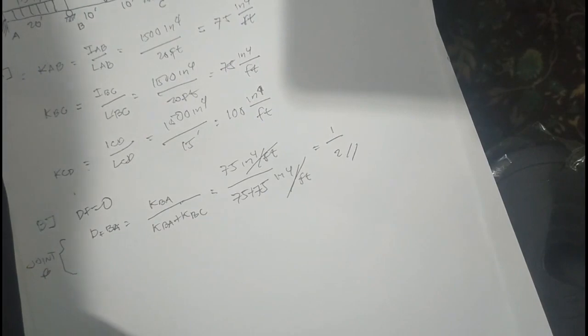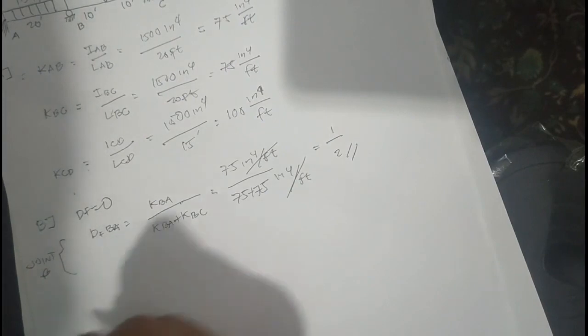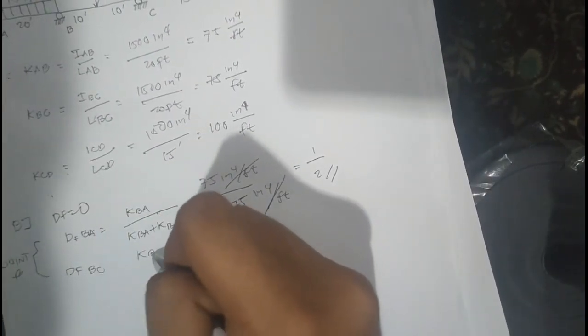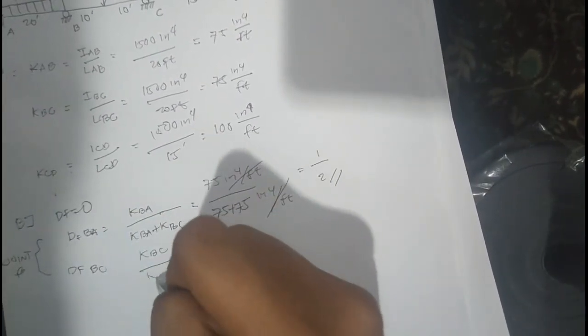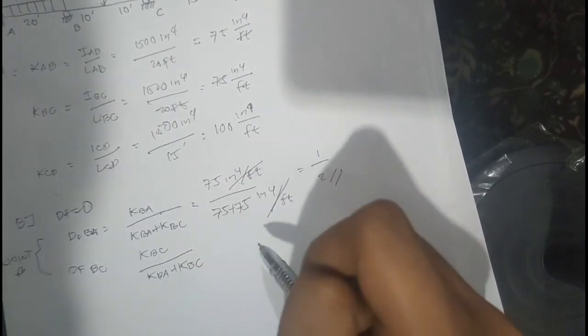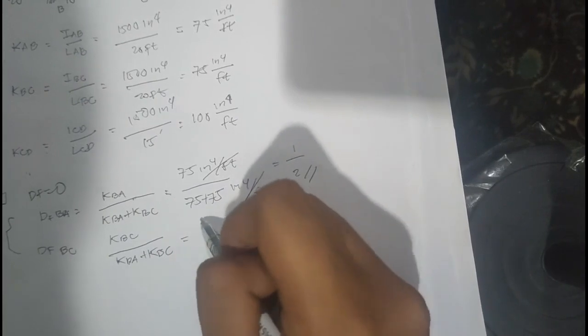Next one, DFBC equals KBC over KBA plus KBC. They are the same, so the answer is also 1 over 2.